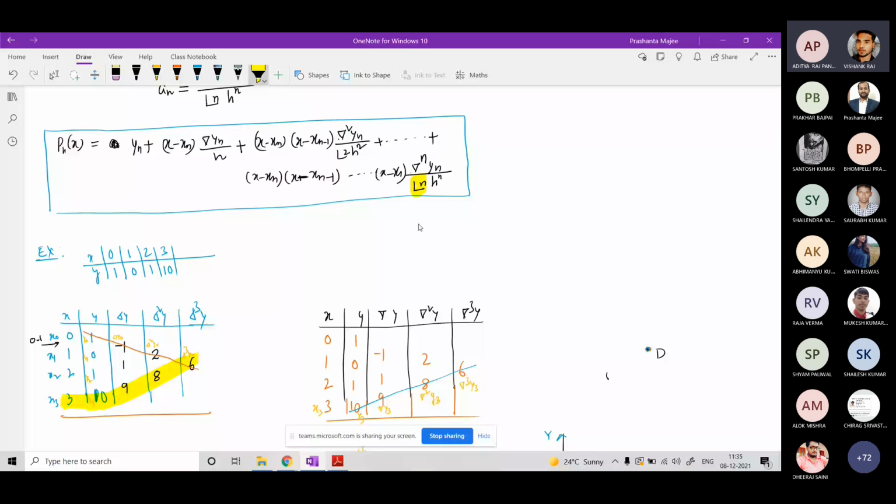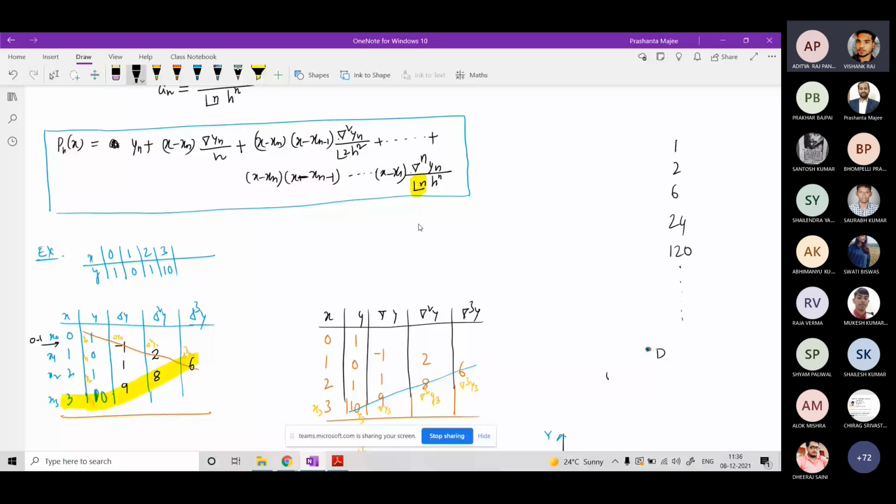Write down first few factorials. What is factorial 1? 1, factorial 2, 2, factorial 3, 6, factorial 4, 24, factorial 5, 120. And if you keep on writing these values, factorial 50, factorial 100, you will not even be able to write them down. So factorial n is increasing very rapidly.